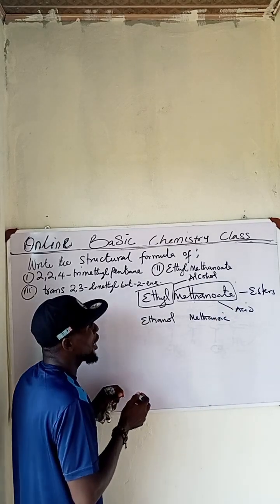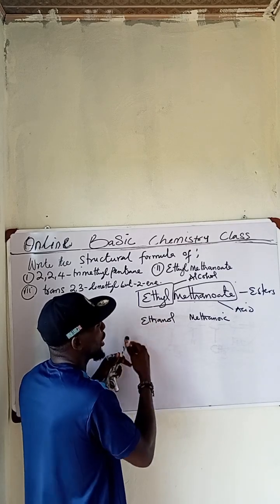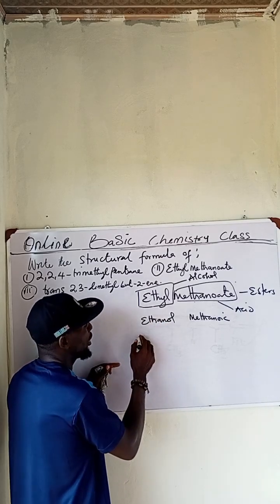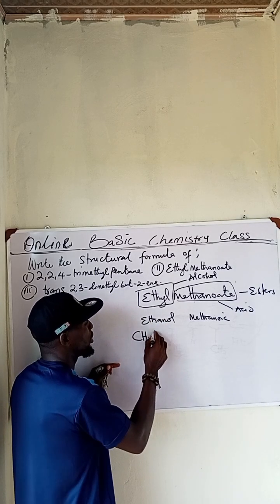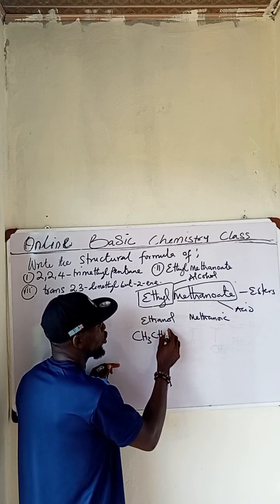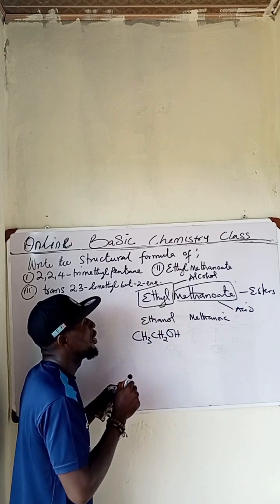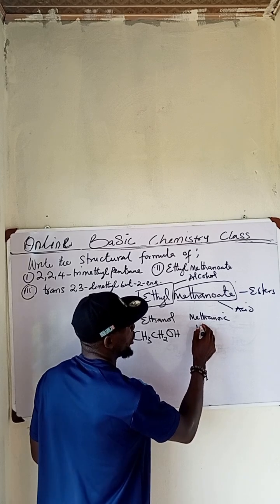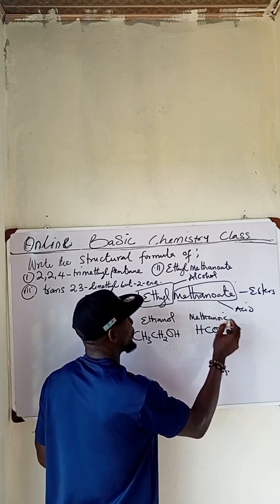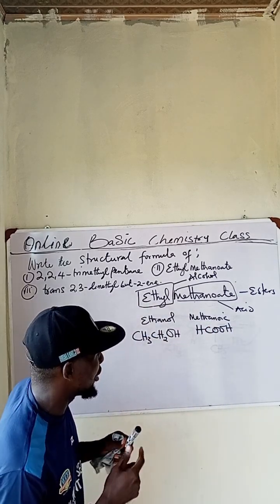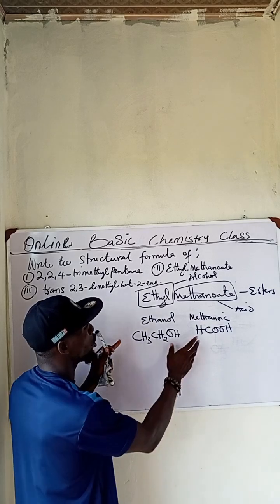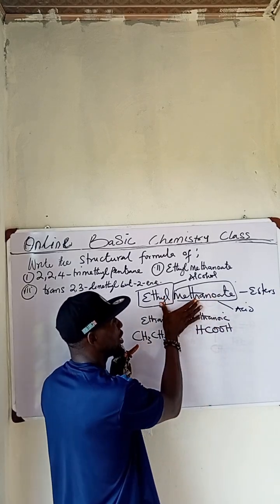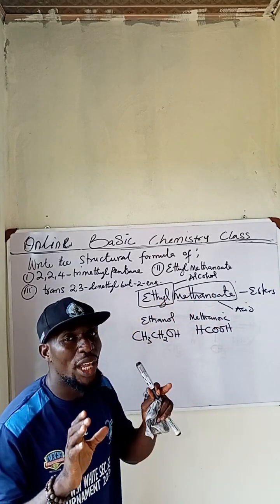Now, what is the formula of ethanol and formic acid? Ethanol is simply CH3CH2OH. Methanoic acid is simply HCOOH. Is that clear? When these two react together, we get ethyl methanoate. Now, how would I place the structure?